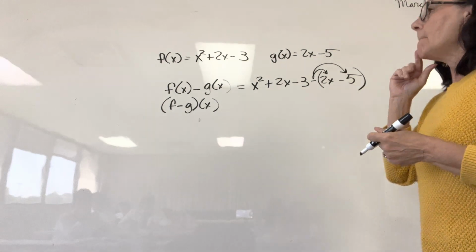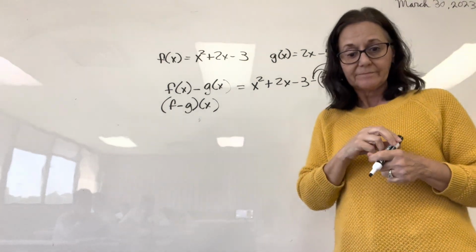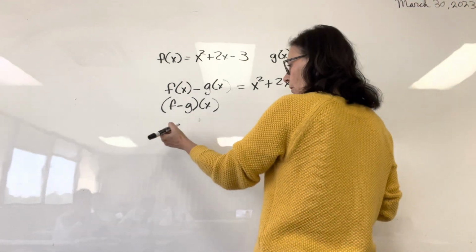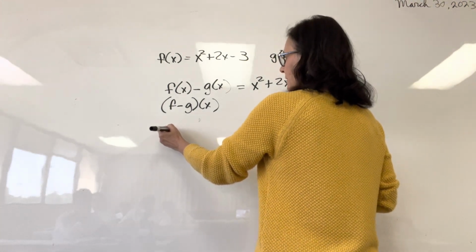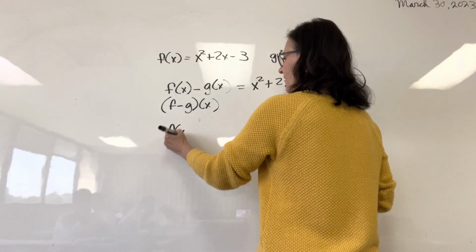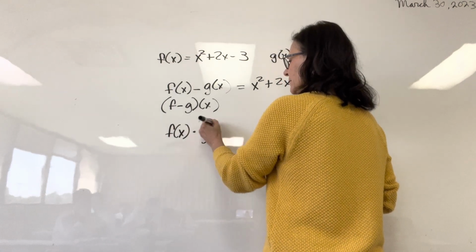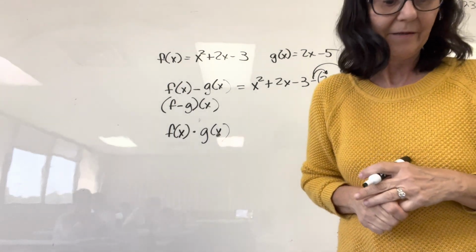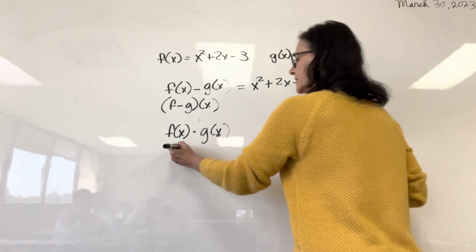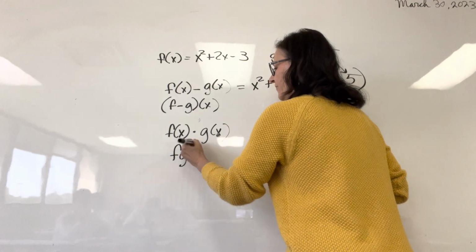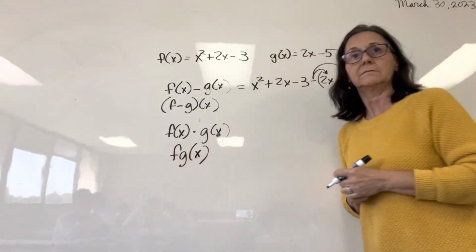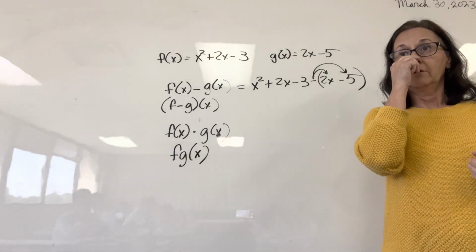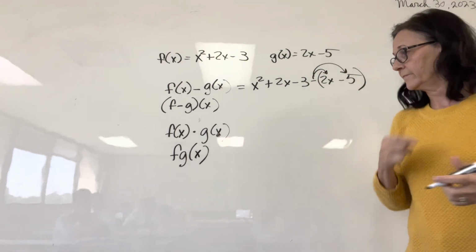All right, multiplication. If I wanted to multiply, it could be written f of x times g of x, but most of the time, it's going to be written f g of x. That means we're multiplying the two functions.